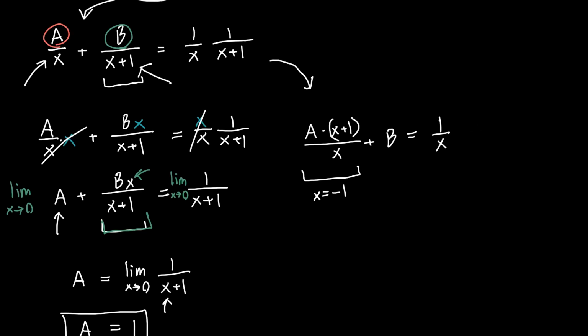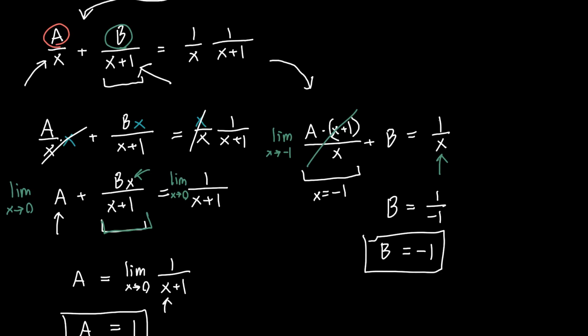So we just take the limit on both sides as x approaches -1, and that gets rid of this term. Then if we just plug in x is equal to -1 on this side, because that's just the same as taking the limit, we get that b is equal to 1 over -1, which is just -1. So we've got now our two coefficients, a and b.